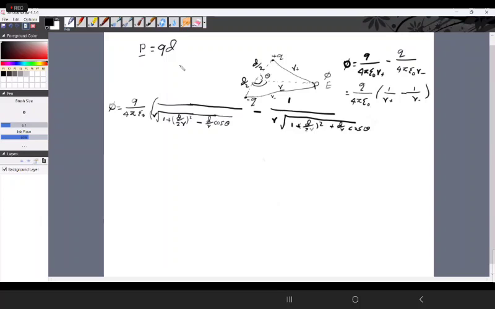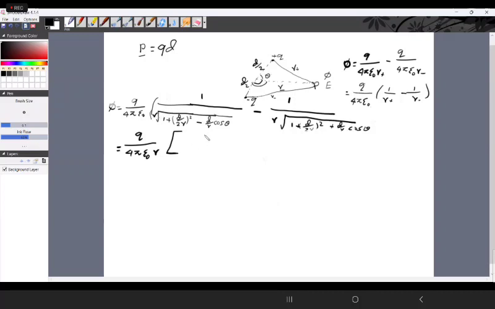I'm going to write here 1 over this one. Here you can see we have r and also small r. So in the next step, I'm going to take out all the r. So that will be equal to q over 4 pi epsilon naught r, and what we have inside the bracket, the remaining one, will be without this r.